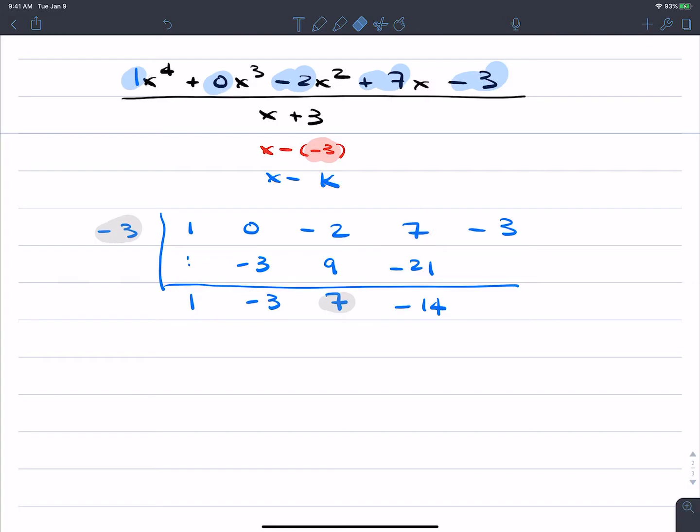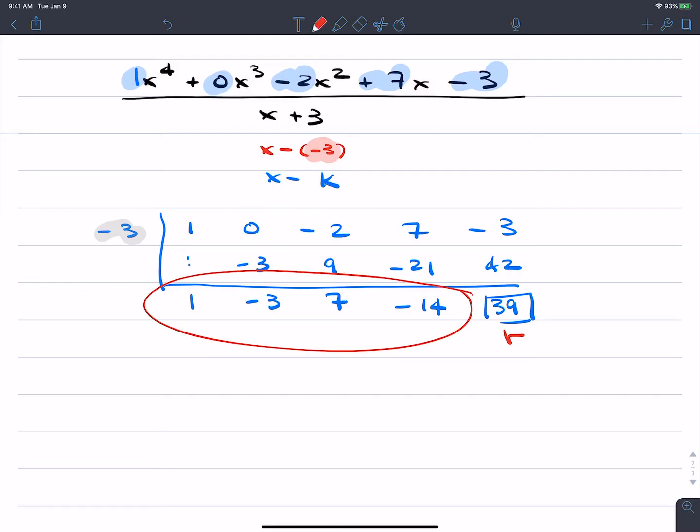We repeat the process. Negative 3 times negative 14 is positive 42. Negative 3 plus 42 will be 39. This here is my remainder. Now, we're going to make use of our coefficients here. And let's not forget that we started with a fourth power.